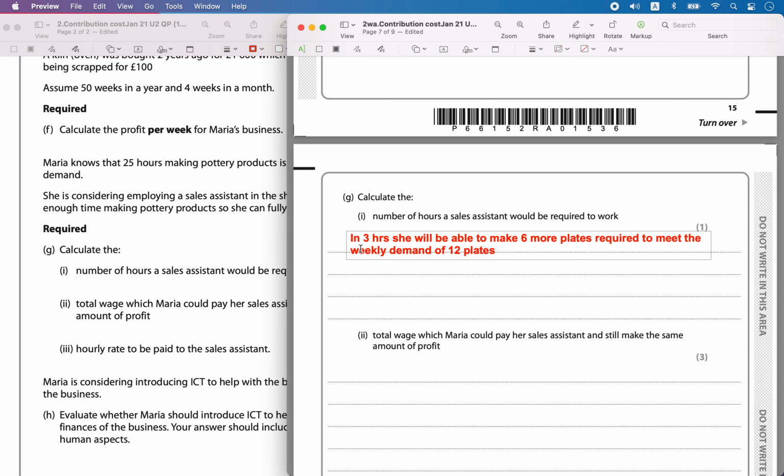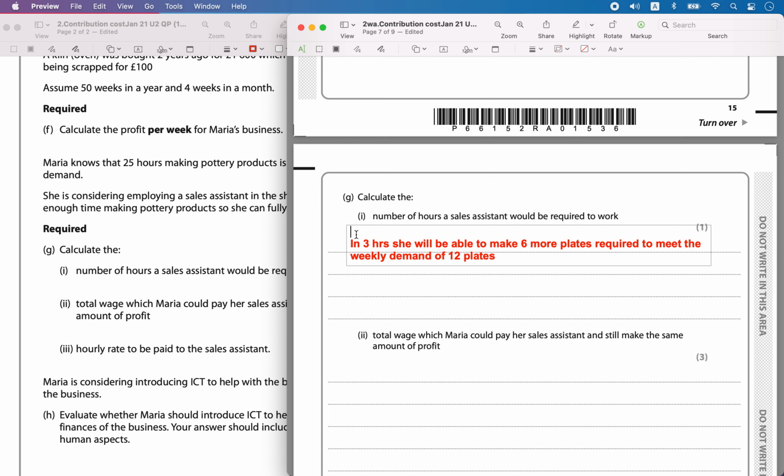of 12 plates. Okay, as Maria first, why, because in 3 hours Maria makes 6 plates and the assistant will have to work for 3 more hours.